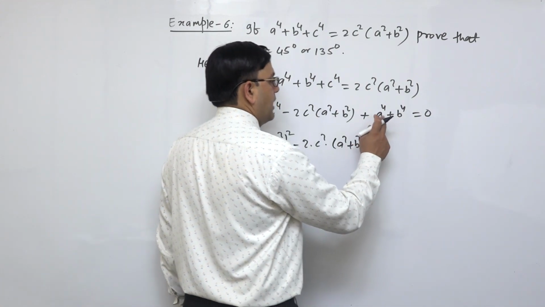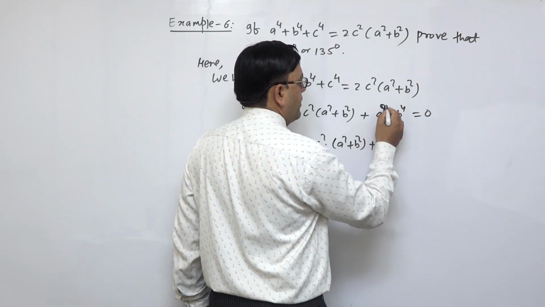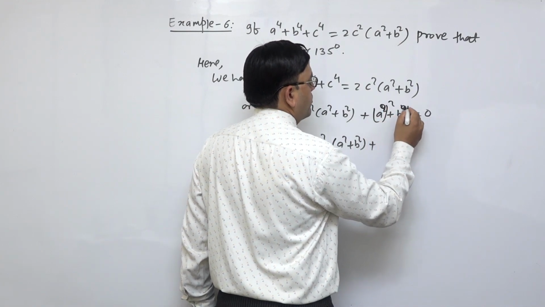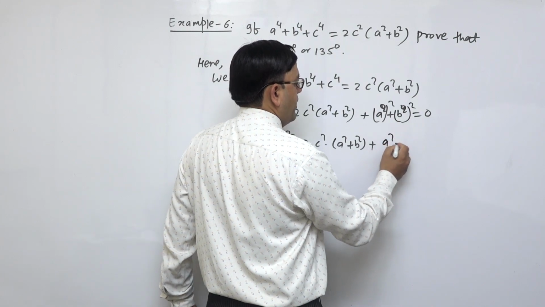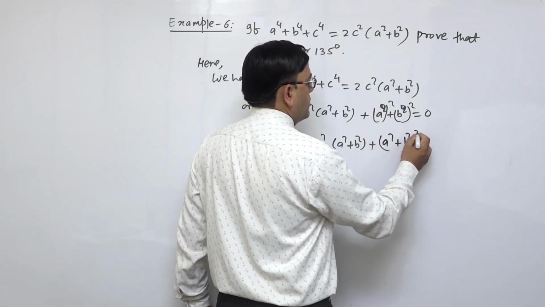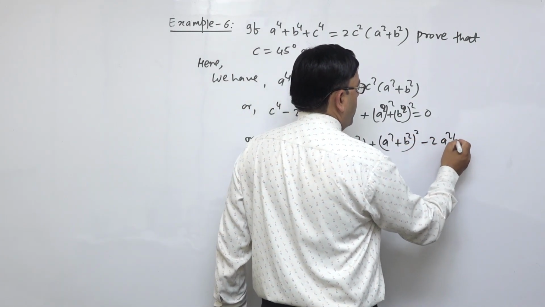Let us use the formula. Suppose this is a square whole square and this one is also b square whole square. You know a square plus b square formula is a plus b whole square minus 2ab.